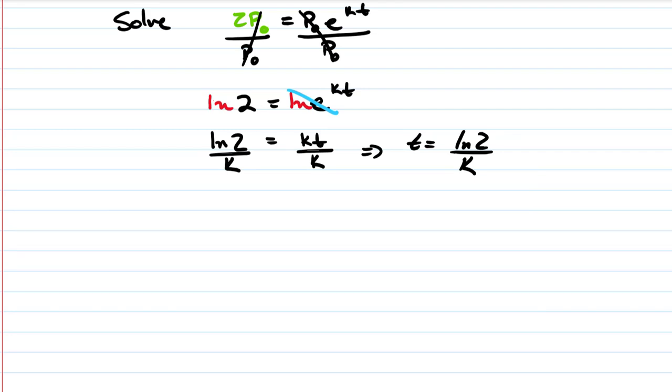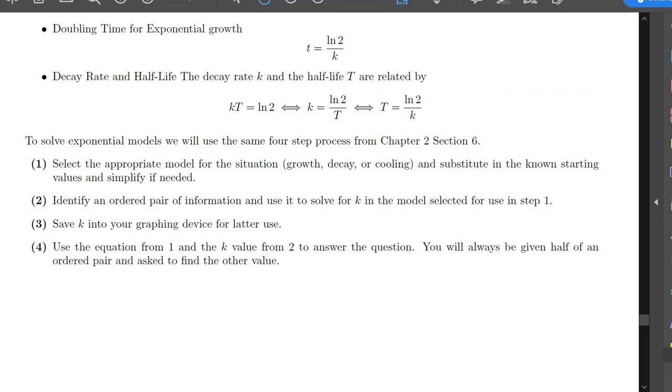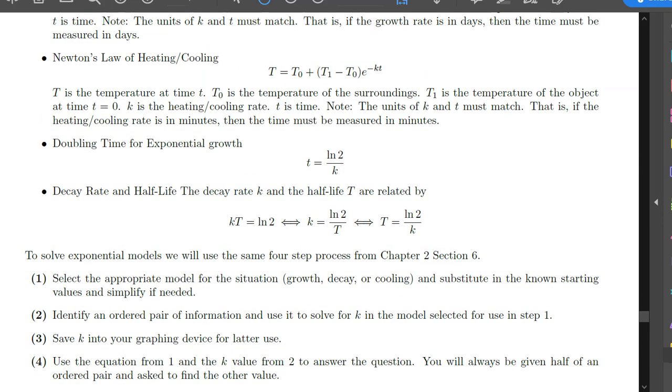So what this is telling us is that the doubling time only depends on the growth rate. The amount of time it takes to go from 1 bacteria to 2 bacteria, or from 2 bacteria to 4 bacteria, is going to be the same as the amount of time to go from 1 million bacteria to 2 million bacteria. This formula is right here on our formula sheet.